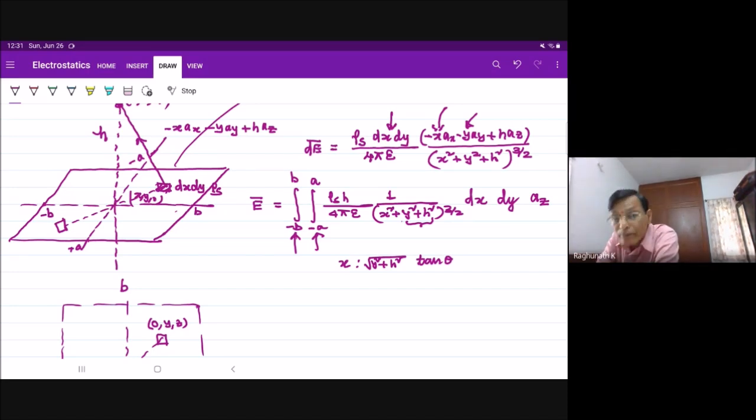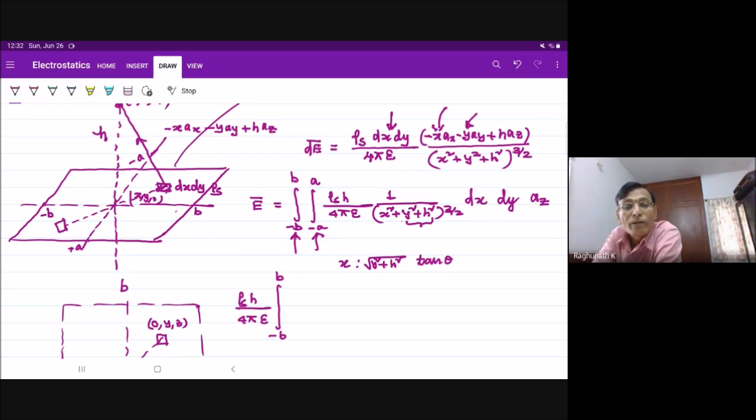Then it will become integral minus b to plus b, rho s h by 4 pi epsilon. What will happen to this integral? Can you tell me? dx is equal to root of y square plus h square secant square theta. In the denominator, it is y square plus h square into 1 plus tan square theta, which is secant cube theta.